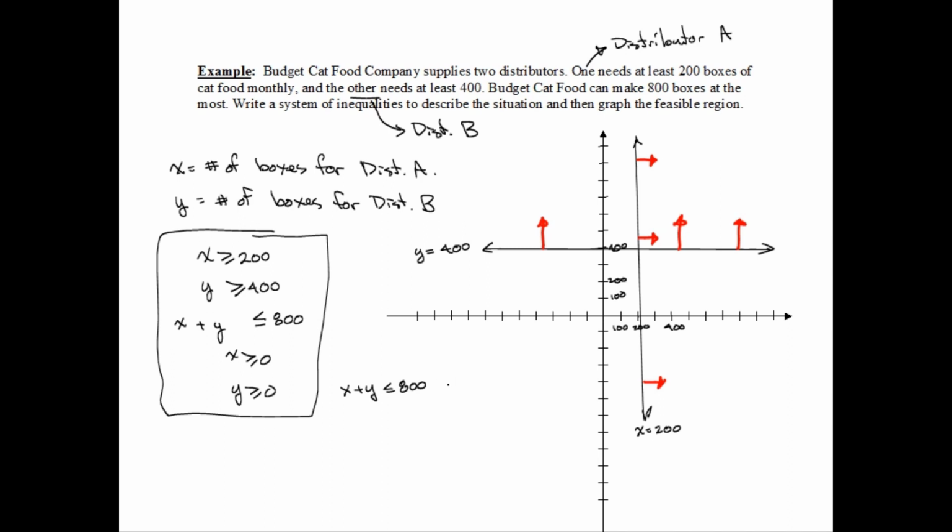Okay, so if I find my x and y intercepts, that means that if I put in x equals 0, my y will be 800. If I put in y equals 0, my x will also be 800. Okay, so 400, 600, 800, that puts me right here on my y-axis.